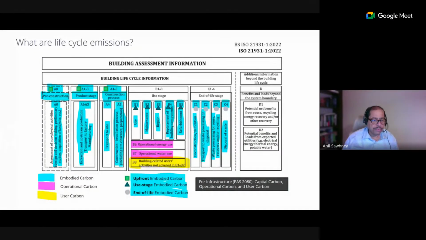These are called information modules. You will notice that there is an A module, a B module, a C module, and a D module. So whole life carbon assessments are conducted across 4 modules for buildings and infrastructure.